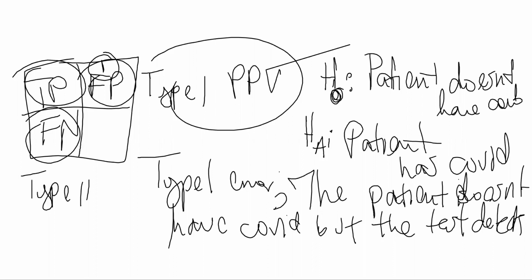I hope that was a good example. So type 2 error would be that, and with type 1 error, there could have been other SARS, so maybe SARS-CoV-1, but again, it's a false positive. Type 2 error is false negative.